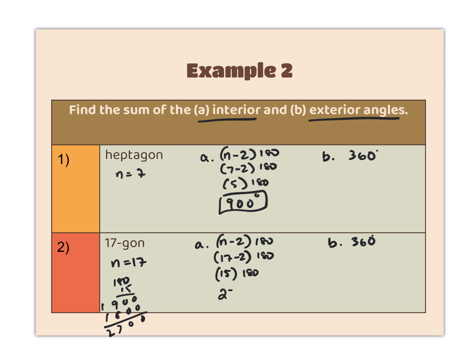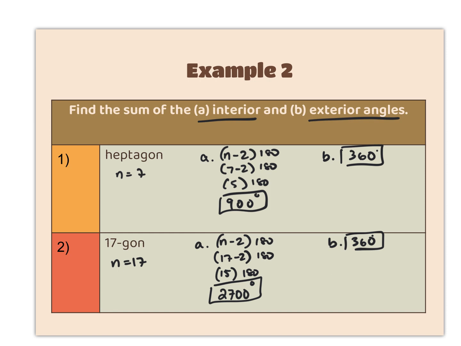And it should be 2700 degrees. Now remember, you can start using a calculator in the class. So at home, you should practice doing the math on your own and double check it with a calculator. On a test, you can use the calculator. Okay? And so again, that's how we find the sum of the measures of the interior and the exterior.